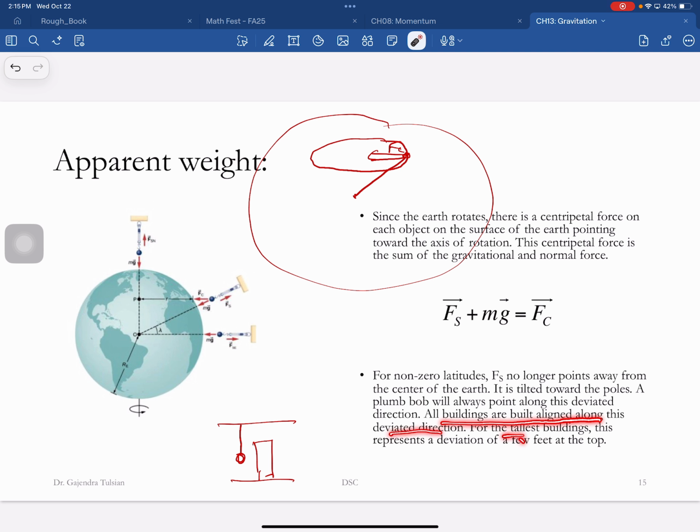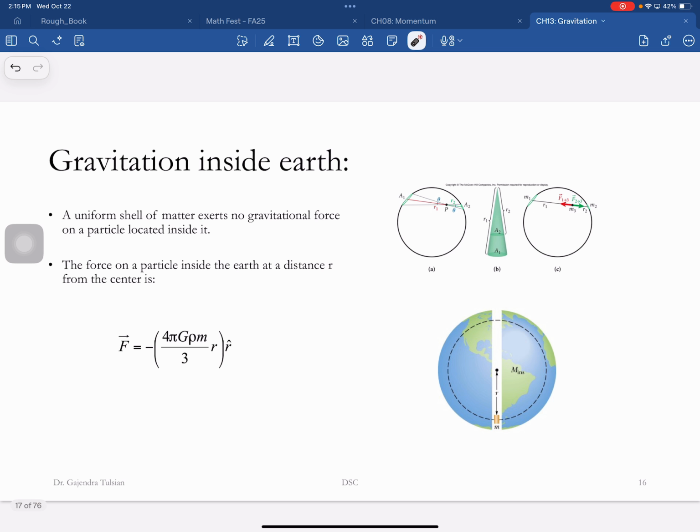For the tallest building, this represents a deviation of a few feet at the top. So the tallest buildings are a few feet away from this vertical line. So the Empire State Building is not like this, it's actually like that. That's the north in this room. All right, we'll stop here.